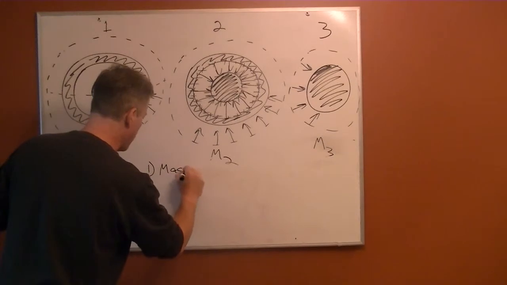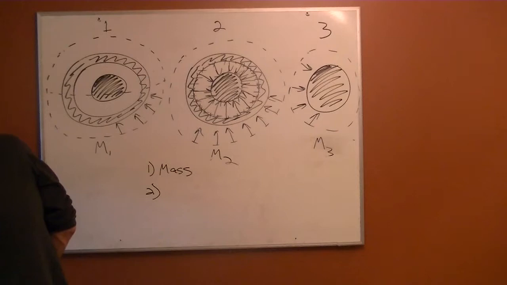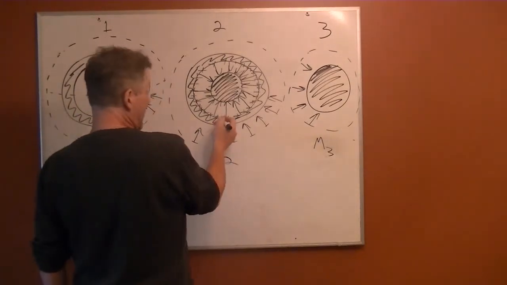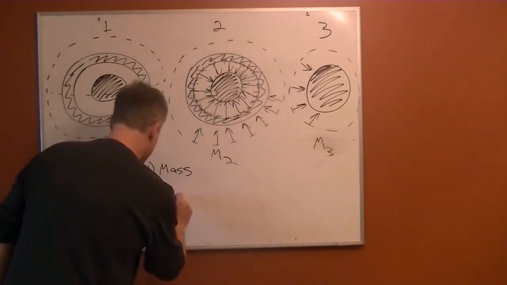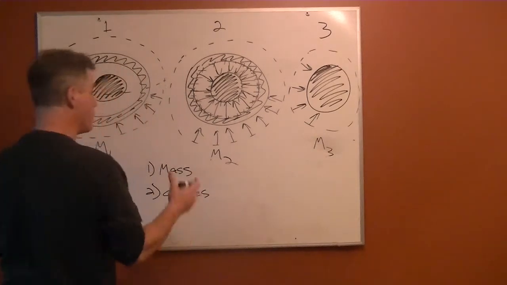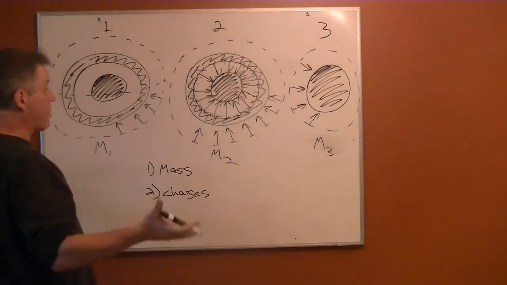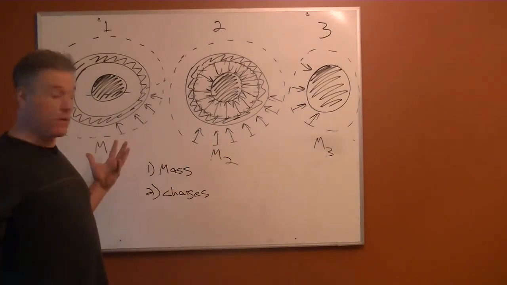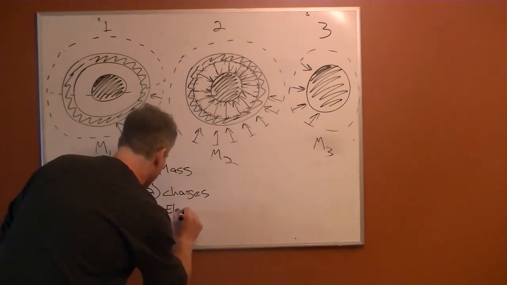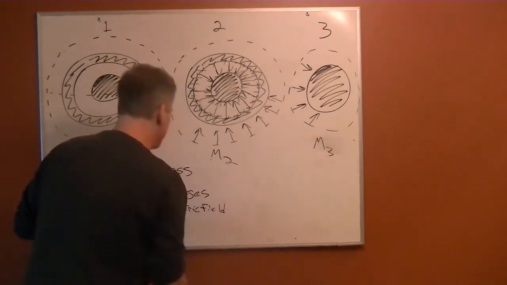So it's coming from the mass. 2, it is coming from the fact that there are plus and minus charges. The charges themselves, a charge by itself contributes to a gravitational field, it just acts like mass. Or 3, the electric field. What do you think?